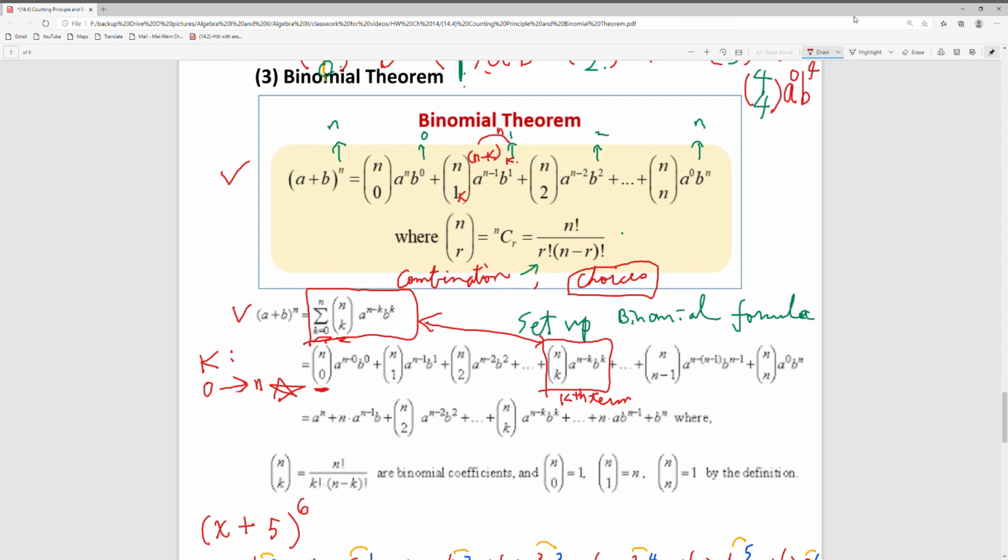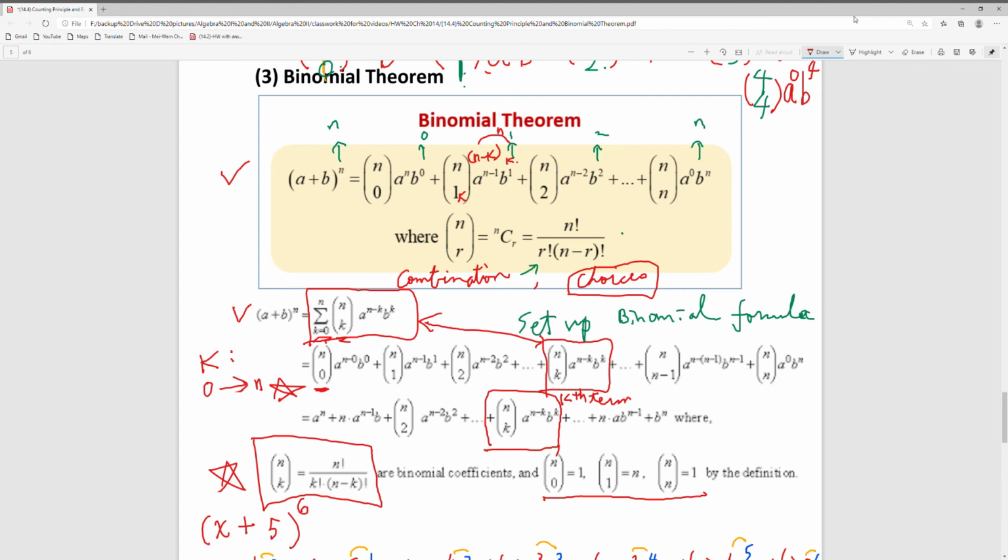So this is the k-th term. Okay. Now we learned this from our previous videos. So that's easy. The hardest one will be this formula.